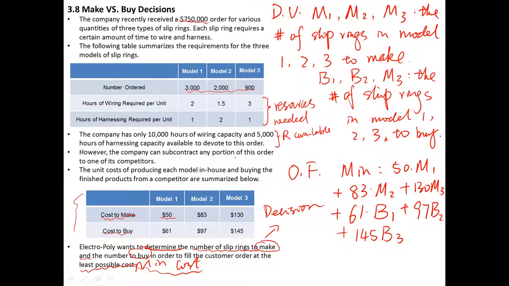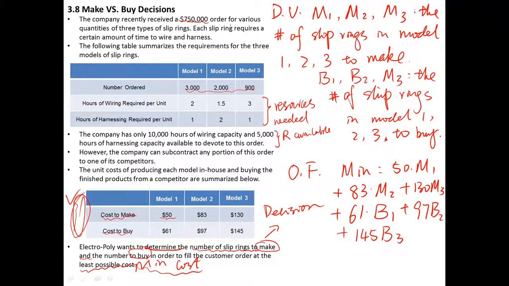Now let's look at the constraints. Okay, so here we've already used this table. So check. Okay, and we'll go back to the problem at the beginning. Do we need to use this $750,000? This is the amount of order received.